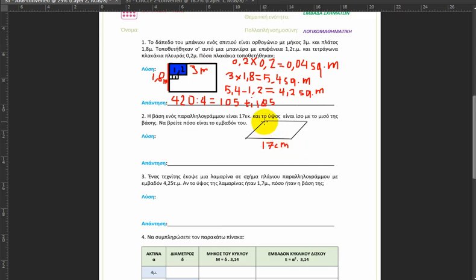And its height, meaning this right here, is 17 centimeters.